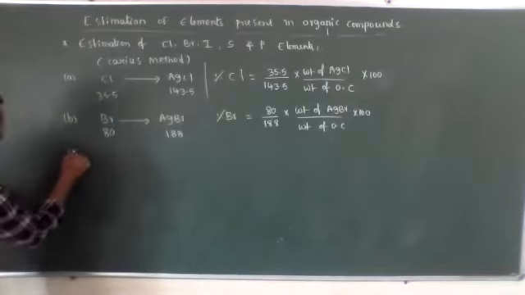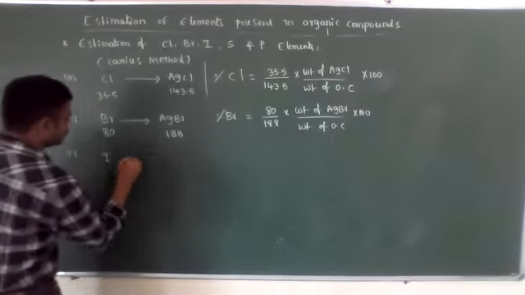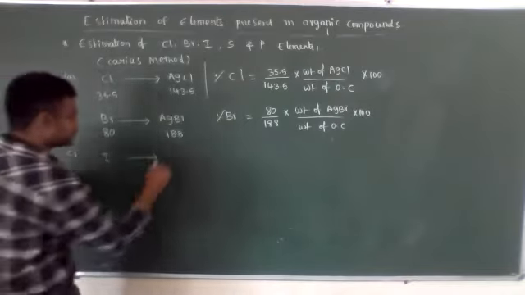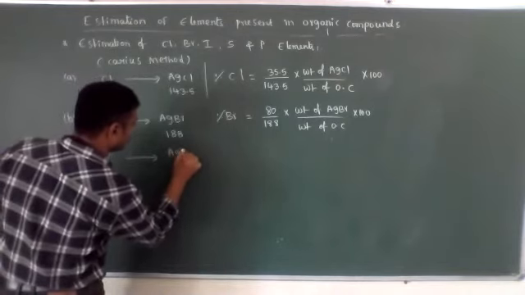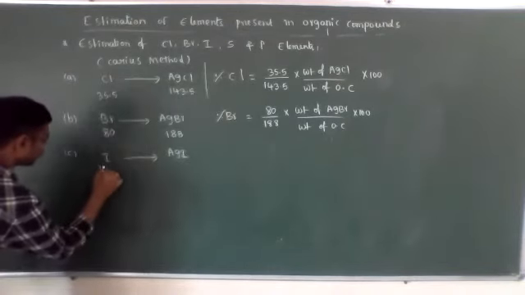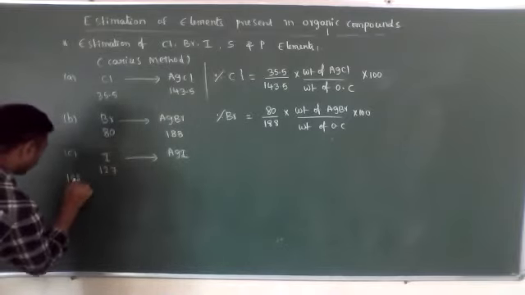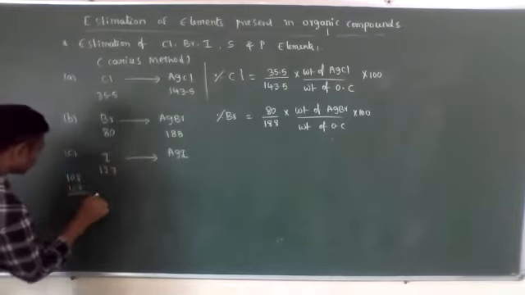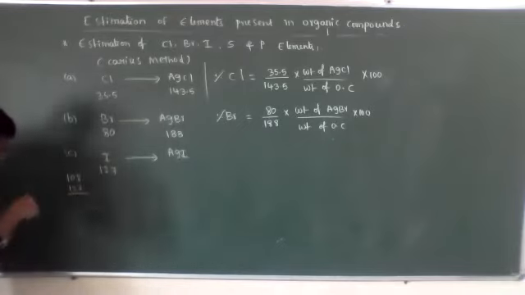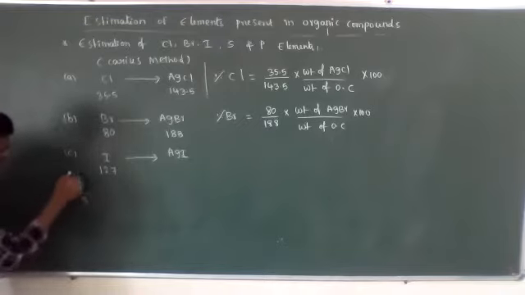In a similar way, if iodine is present in the compound, it is converted into silver iodide, AgI. Iodine gram atomic weight is 127 and silver is 108. The total value is 235.